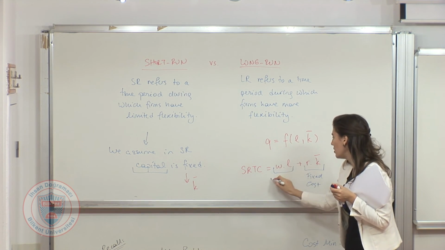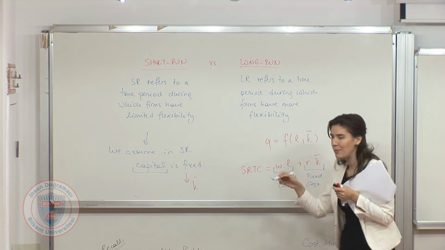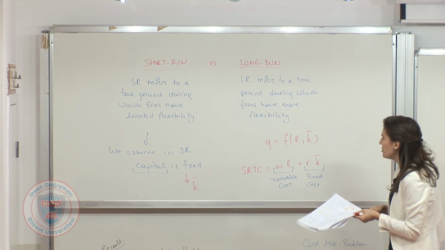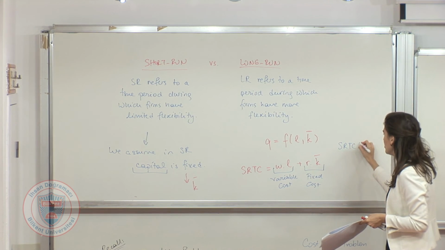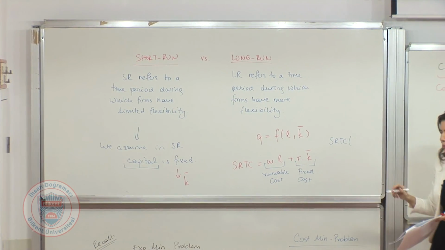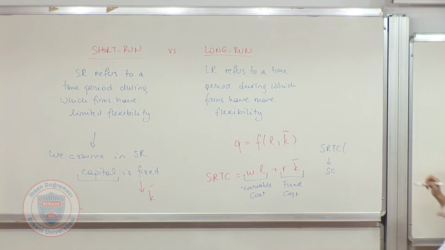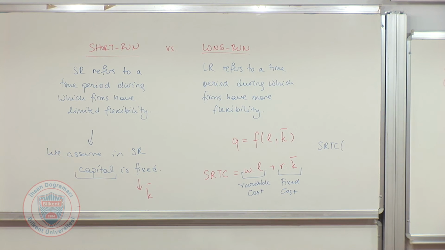And this is what we call the variable cost, because you can vary. It's going to vary. So that's the fixed cost, and that's the variable cost, okay? So if you want to write down short run total cost, your book calls it SC, short run cost, this is going to be a function of what? You guys tell me.